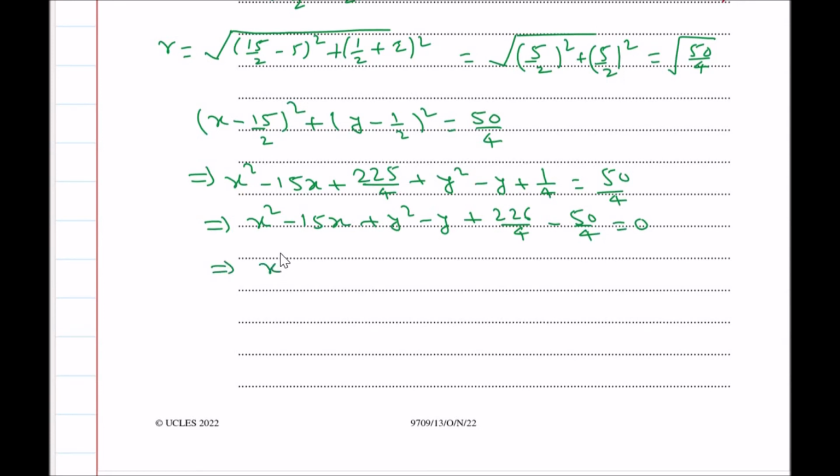So x square plus y square minus 15x minus y, and if you simplify the numerical part, we are getting 44 positive. This is the answer. This is our circle equation.